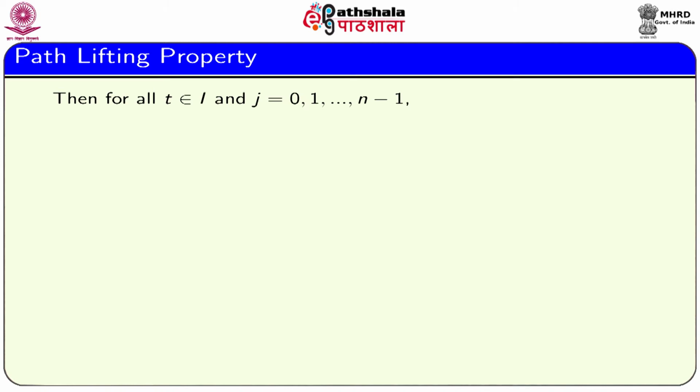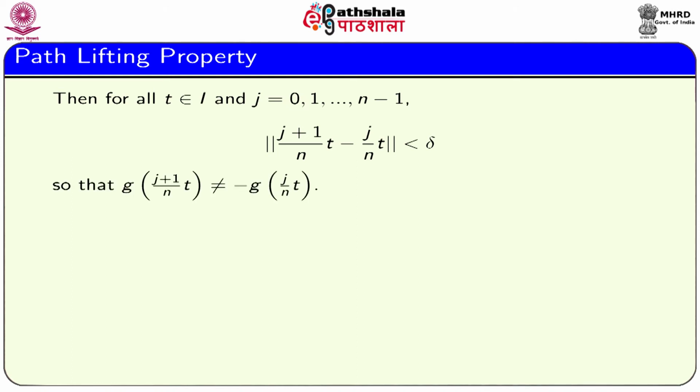Then for all t and for all j from 0 to n minus 1, we have norm g of (j plus 1) by n t minus g of j by n t is less than delta, so that g of (j plus 1) by n t cannot be equal to minus g of j by n t. Hence, g of (j plus 1) by n t divided by g of j by n t cannot be equal to minus 1.